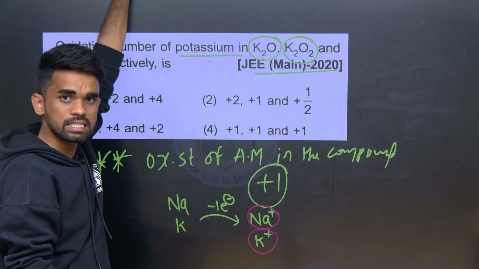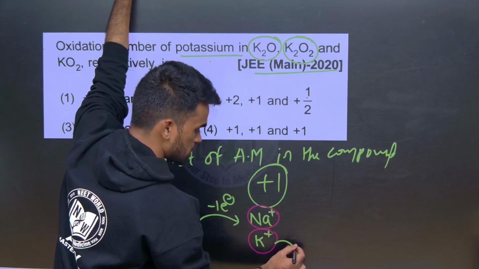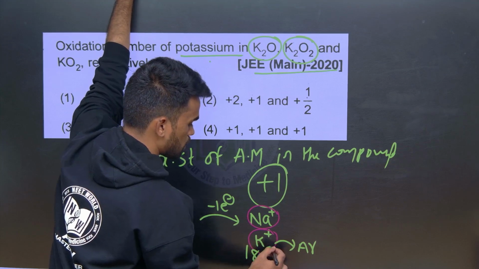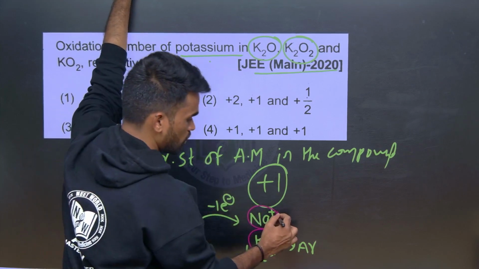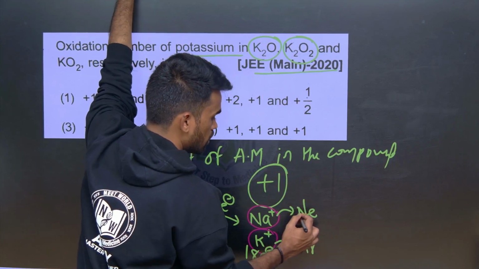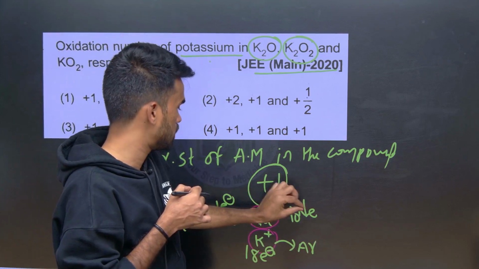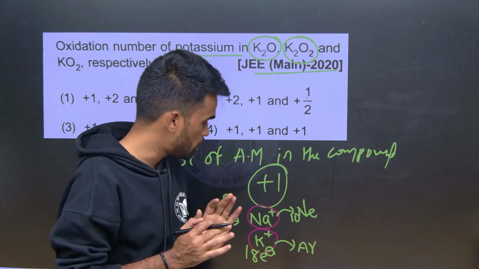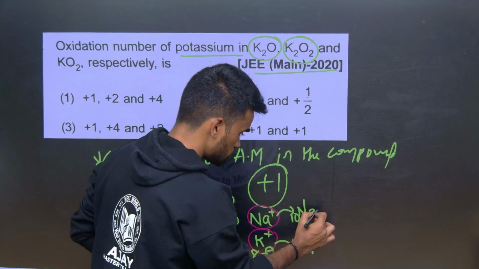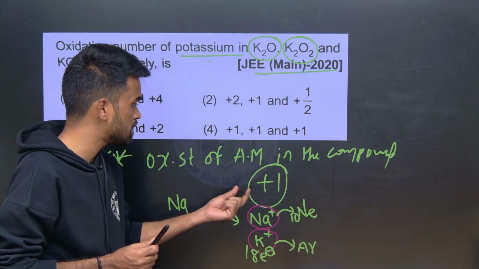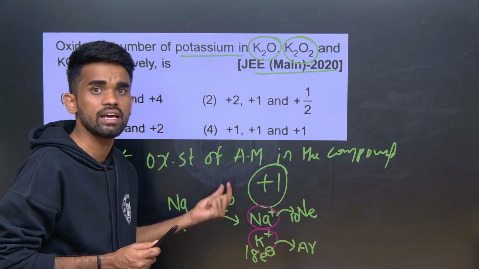Now potassium will get the argon electronic configuration, 18 fully filled electrons present in this. And sodium will get the neon electronic configuration, 10 fully filled electrons in s and p orbitals. Like this they get stabilized. So due to that reason they will always exist in plus 1 oxidation state in their compounds.